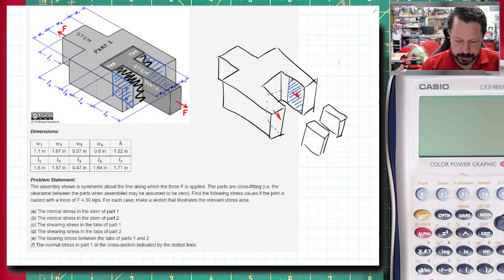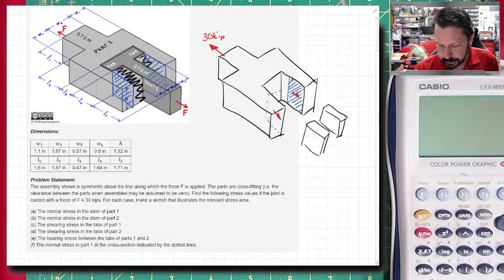So this shear force is going to be, there are two forces here. Here's our applied external force, and for me it was 30 kips. So each one of these shear forces is 15 kips. Remember, a kip is 1,000 pounds.